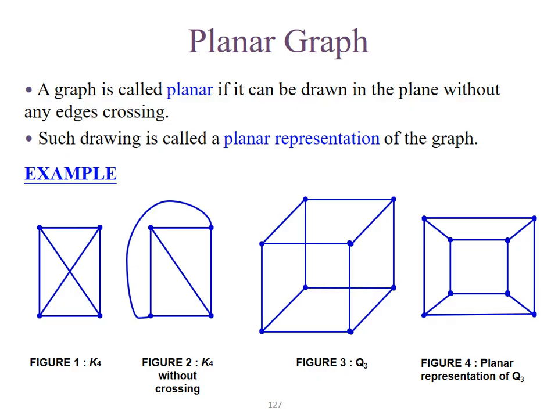But if you make the first square smaller inside the large square, and still have the four edges connecting the small square and the large square, then we have a planar representation of Q3, with no edge crossings. Once you can draw the planar representation, we call Q3 a planar graph.